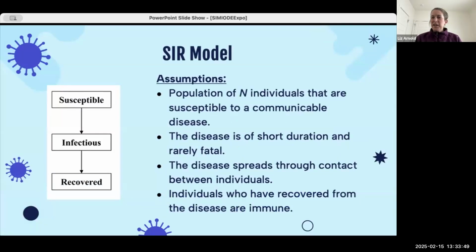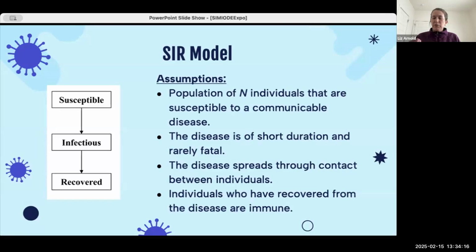Just briefly, I want to go over an SIR model. You begin with a population of n individuals, and we compartmentalize the population into one of three states: whether you're susceptible to an infectious disease, whether you're infected with that disease, and whether you have recovered from that disease. Some of the assumptions of the SIR model are that the disease is typically of short duration and rarely fatal.